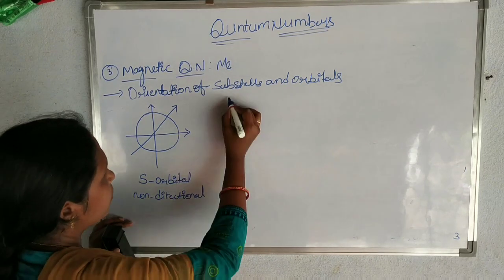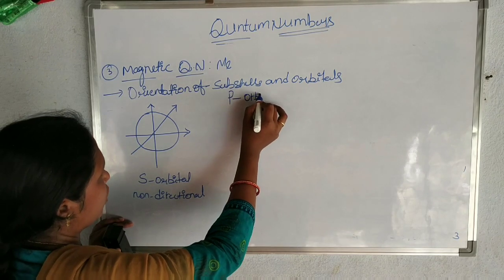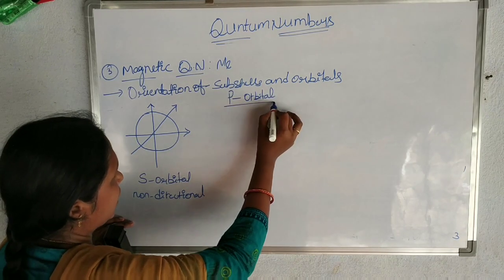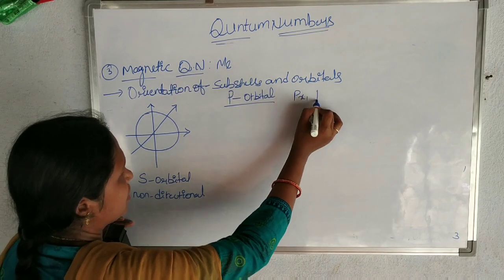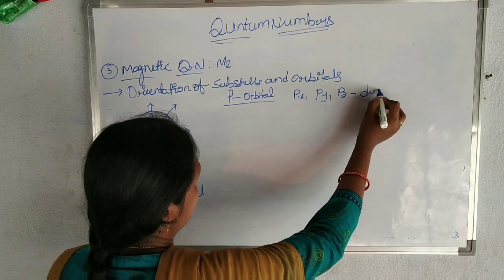Now go to the P orbitals. There are 3 P orbitals: px, py and pz. The shape is a dumbbell.